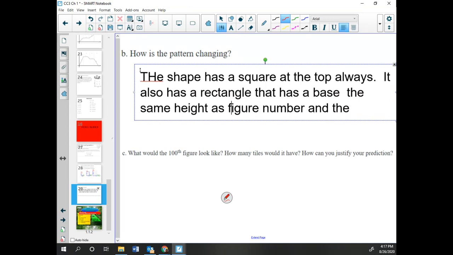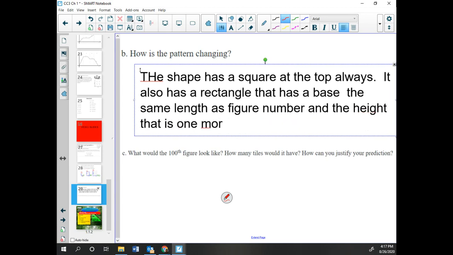Sorry, I got distracted there. As a base, the same length as the figure number, and the height that is 1 more than the figure number.